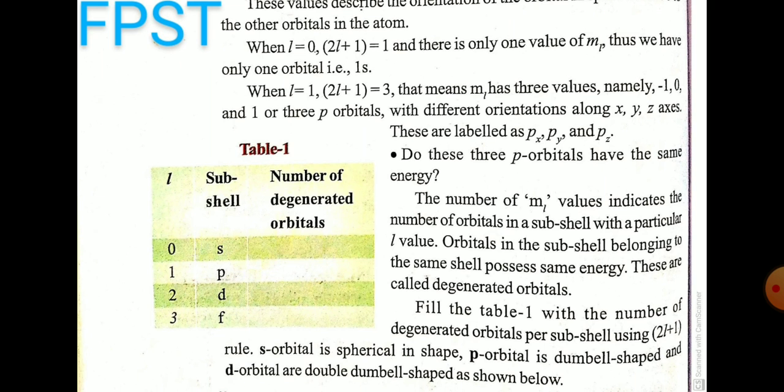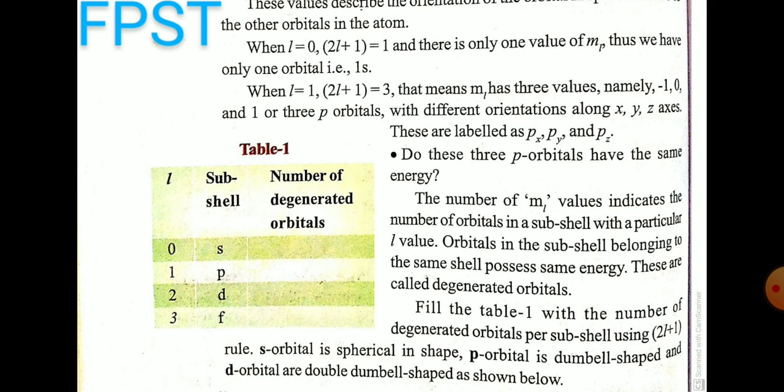For this, the ml values are -2, -1, 0, +1, +2: dyz, dzx, dxz, dx square minus y square, dz square. These 5 are the d orbitals. For L is equal to 3, that is the f subshell, there will be 7 degenerate orbitals.